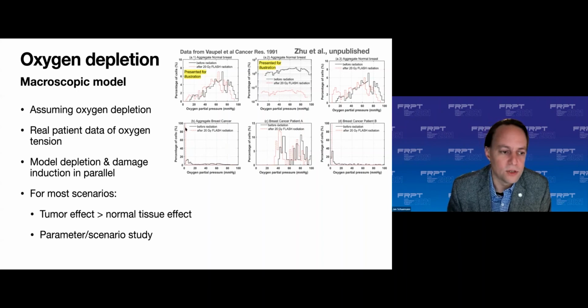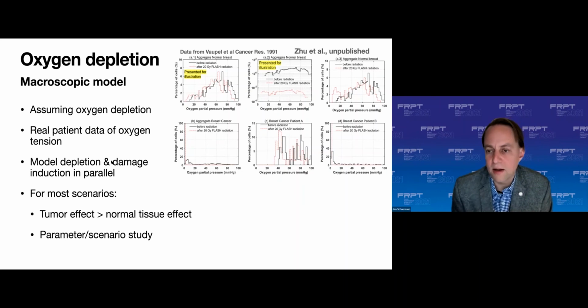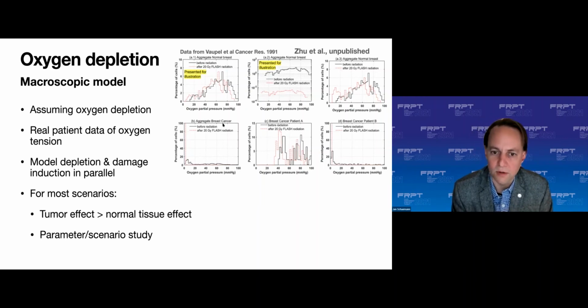And she did a very nice model where the oxygen depletion and the damage induction go hand in hand. And so you can see over time, you get a shift in the probability of your cells to survive, with obviously the more hypoxic cells surviving longer, or remaining more in your cell sample.